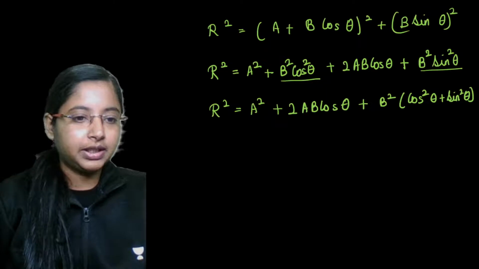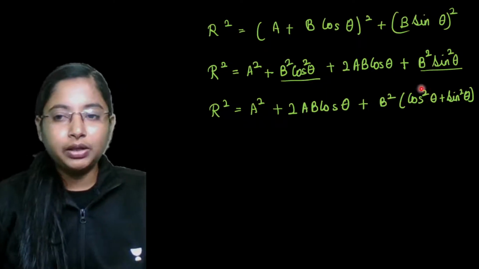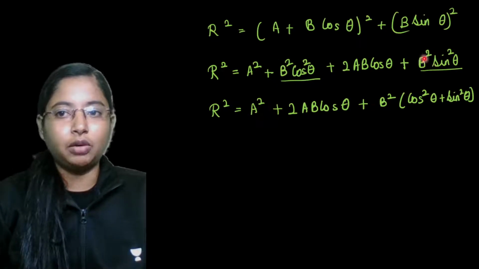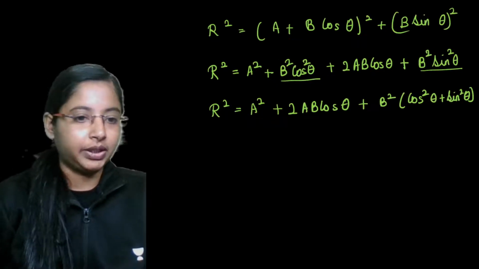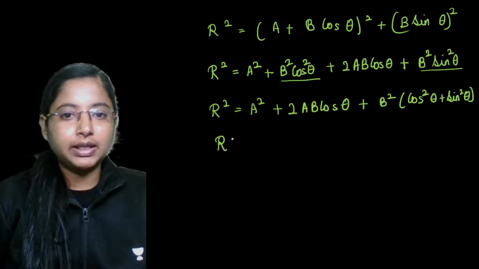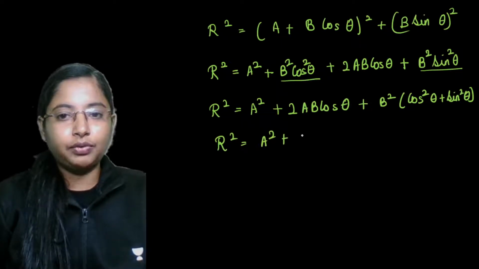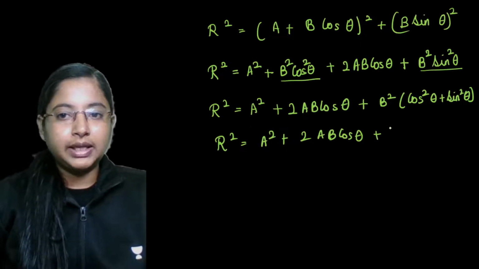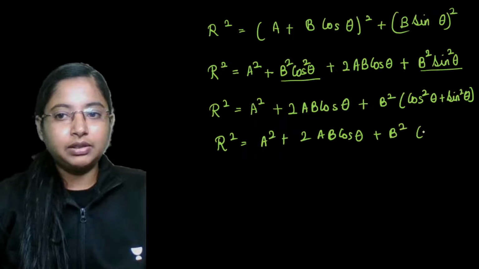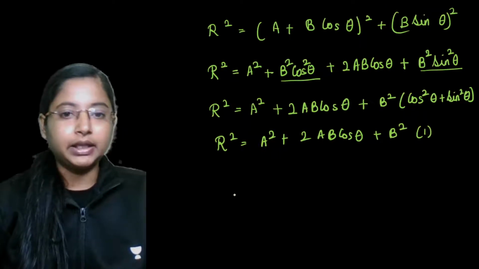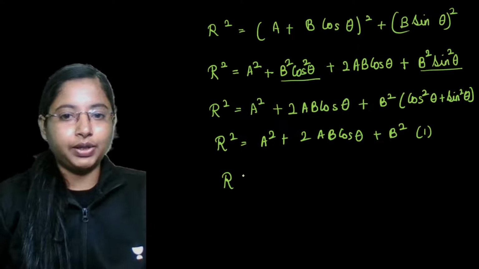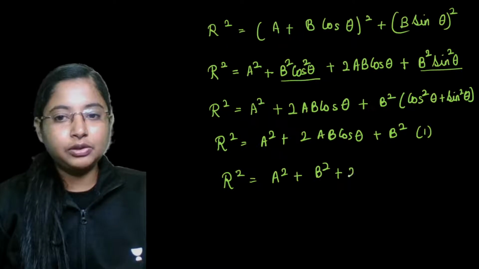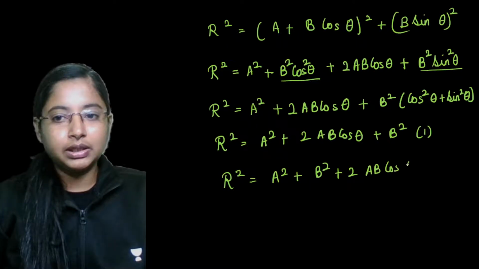What is the value of cos square theta plus sin square theta? This value is 1. So from here, R square is nothing but A square plus B square plus 2AB cos theta.